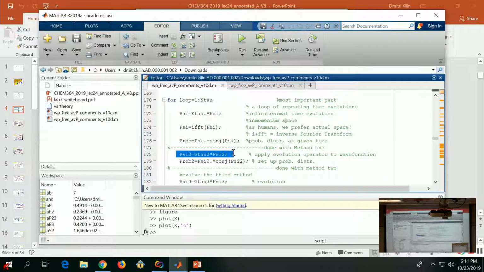And if we scroll through this thing, yes, this is the second most important line in the whole code. So wave function is equal to itself multiplied by evolution operator. So it is the implementation of the stuff.